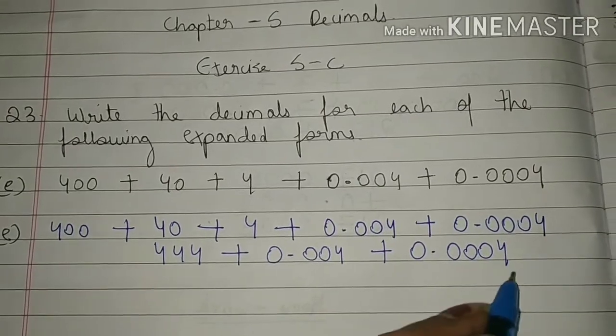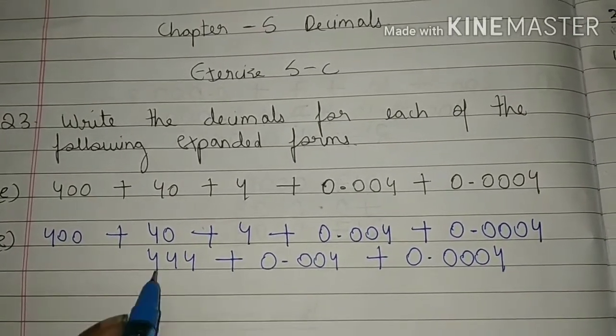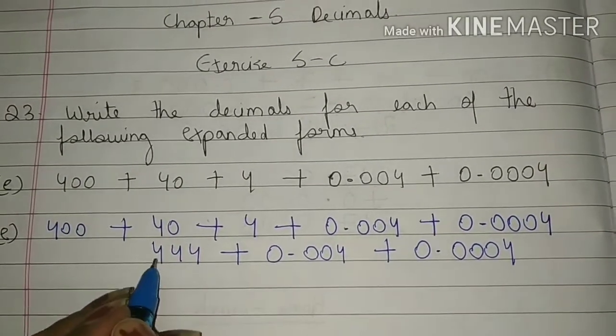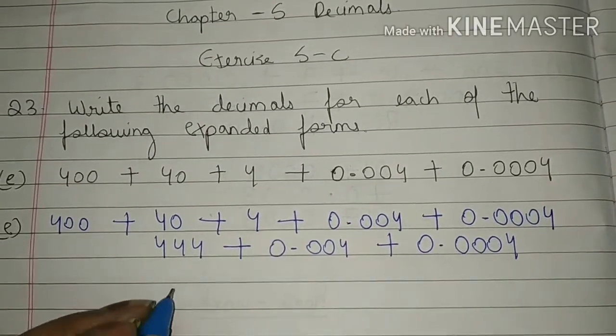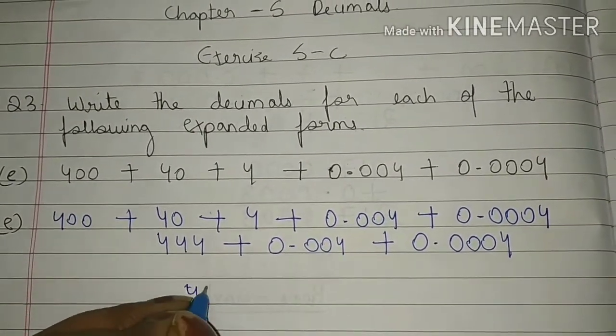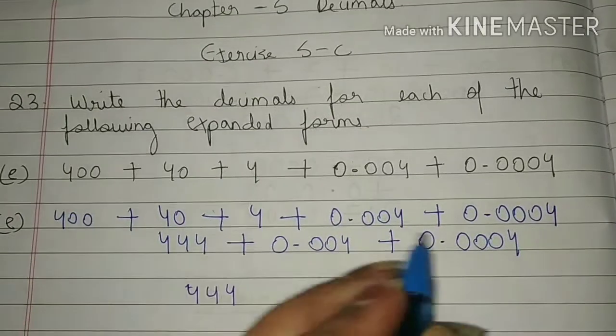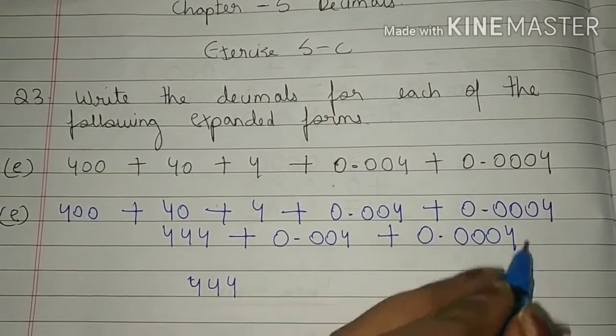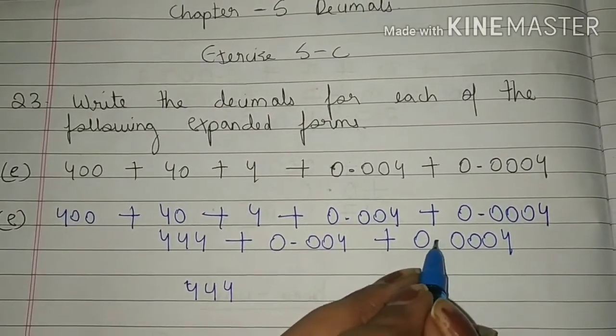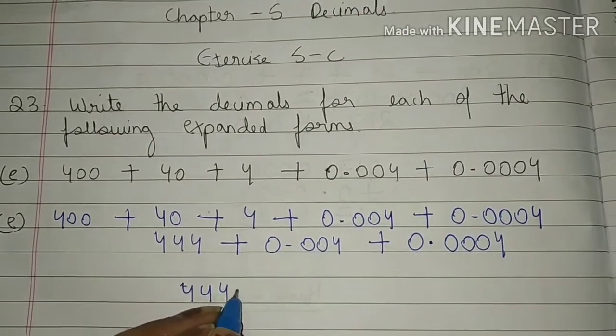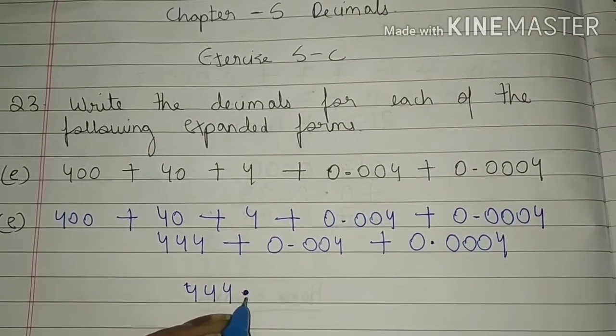Here it is written 444, so we will write here 444. Now students, you can see this number has a decimal point here, so here also we will put a decimal point.